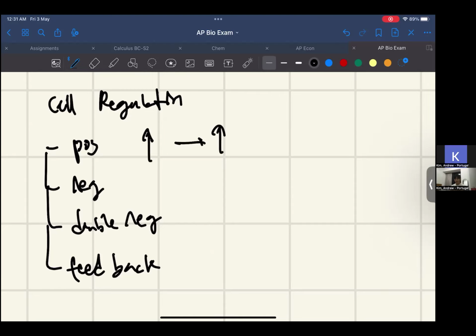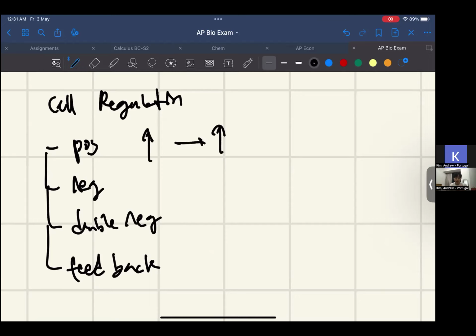For example, as I put more time into studying biology, my biology grade will increase, right? So that's a positive relation and positive cell regulation. Now, you might ask me, well, Andrew, I get your analogy, but that's not a biology phenomenon, right? In the biology world, where would this positive reaction happen?